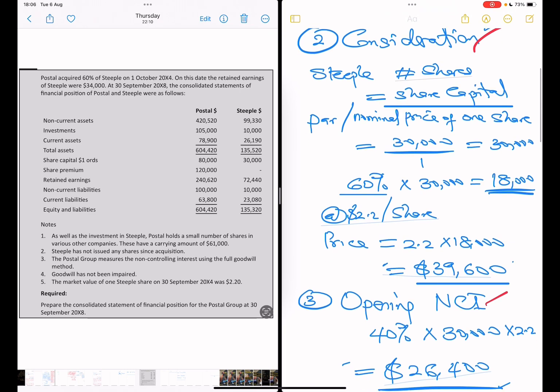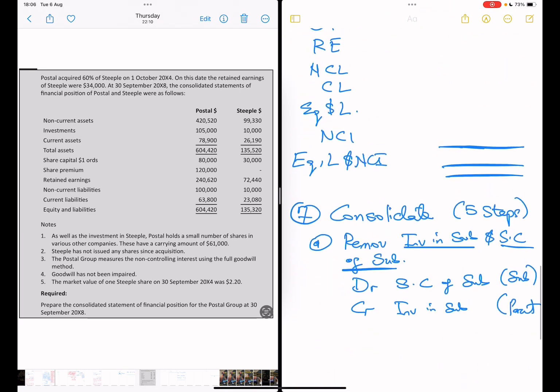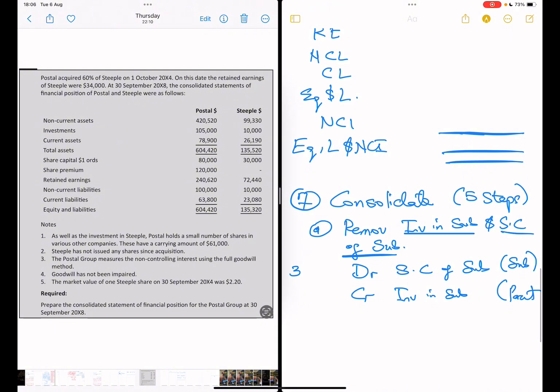We got 39,600. So we're saying take away 39,600, and likewise you need to take away 30,000, because that is the share capital of the subsidiary. I know you are wondering that something is still missing there. That entry is not complete, and I'm going to post it complete for you so you understand how it works. But that's the first step.